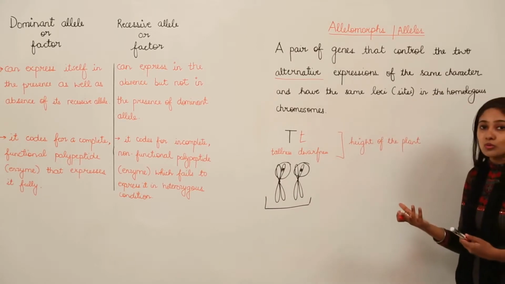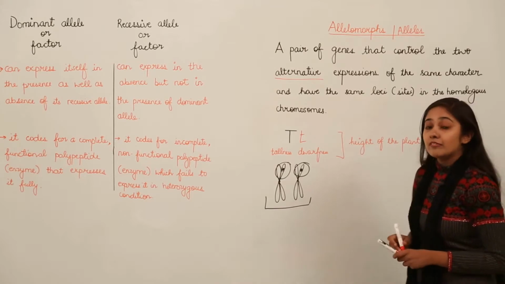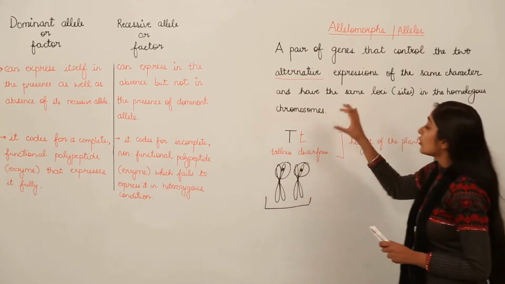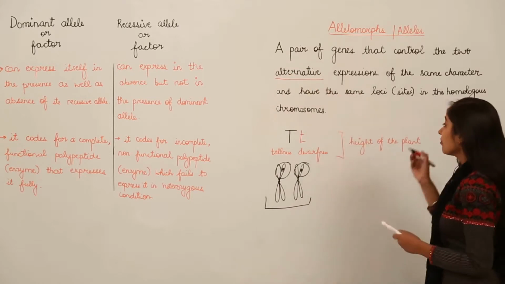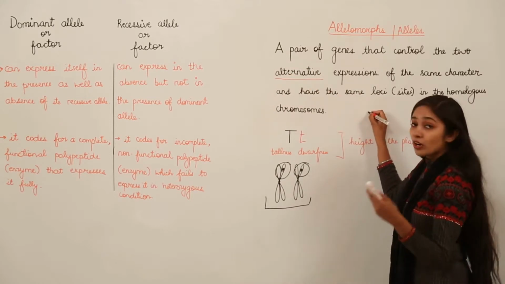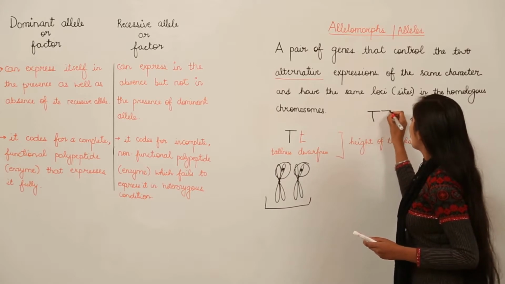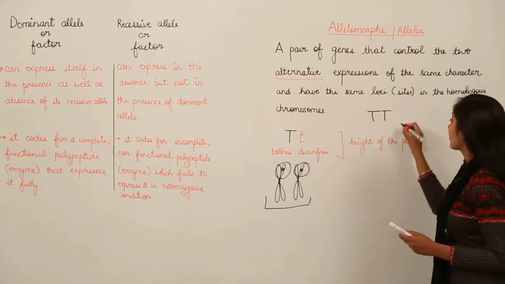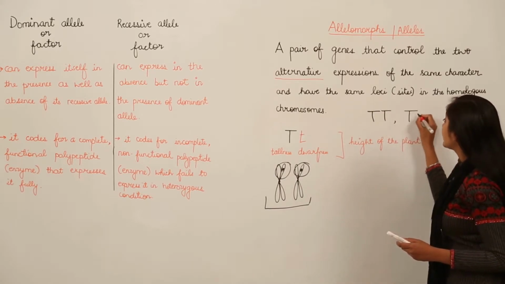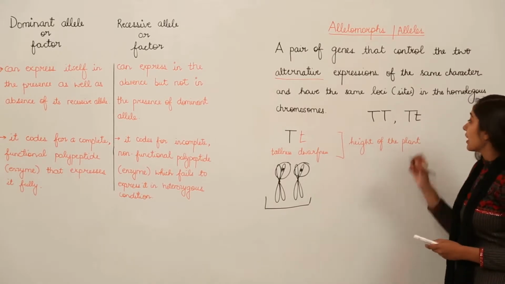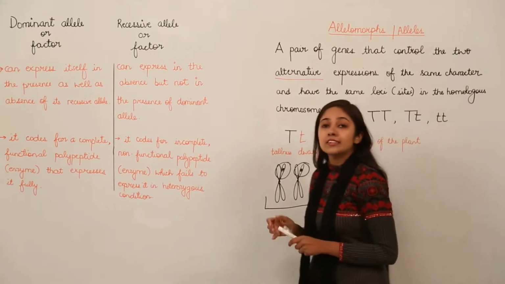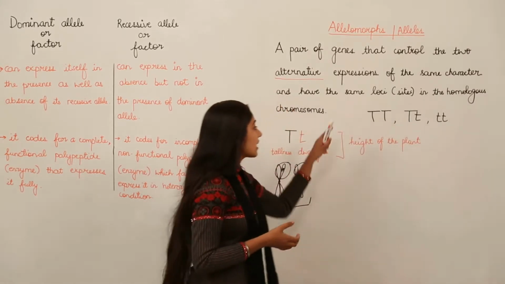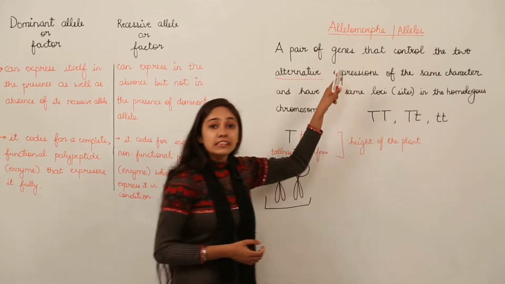But nowadays, if we talk about alleles, we don't always talk about alternative expressions. Now the pair of genes, both uppercase letter T, uppercase and lowercase letter t, and both lowercase letter t, all these three types are also considered as alleles.